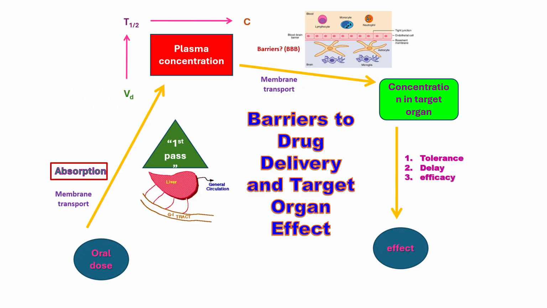And this slide gives us a broader pharmacokinetic map of what happens after an oral dose. The pill is taken and it enters the stomach or intestine and it's absorbed. It may pass through membranes, it reaches the liver through the portal circulation, and only then does it reach the systemic circulation in a form that can actually affect the target organ. Along the way, there are several barriers that can interfere with the effect. Sometimes a medication is activated in the liver, as in the case of codeine being converted to morphine.